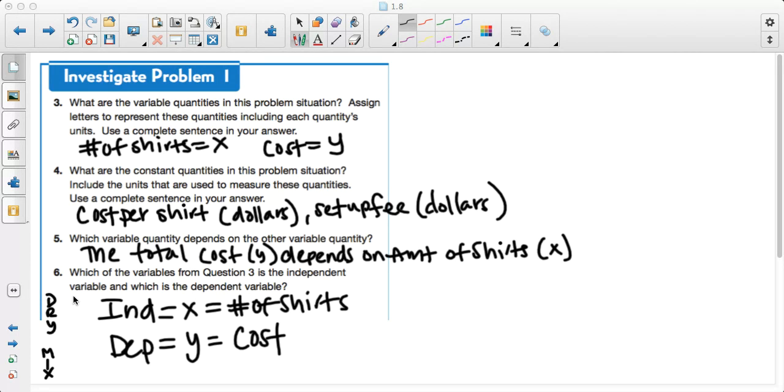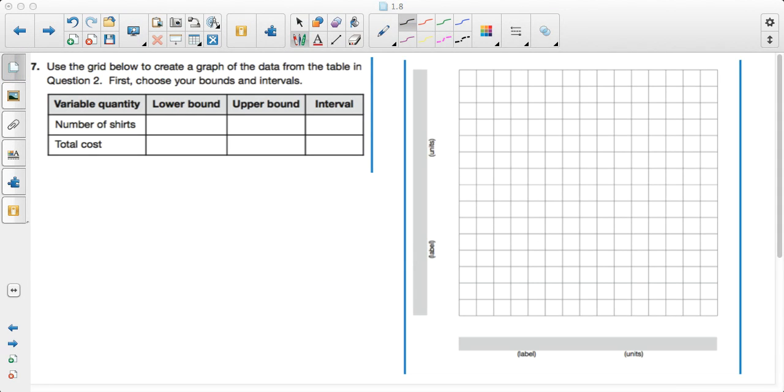Remember that DRY MIX. Independent is going to be your X, which is number of shirts, and your dependent is going to be your Y, which is your cost. Now we're ready with our bounds chart. Looking at number of shirts and total cost, we can tell that our lower bound is always going to start at 0 and 0 from now on.